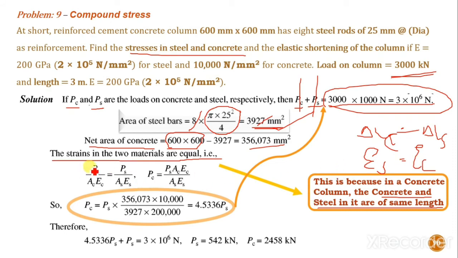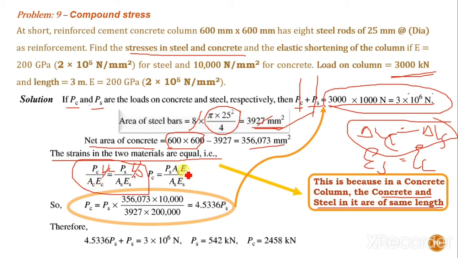So that is what we have written here. Delta L1 is equal to delta L2, P L by A E is equal to P L by A E. But here this is L C and this is L S. As both are the same, these get cancelled, and this is the equation you get. Now write P C in this manner.